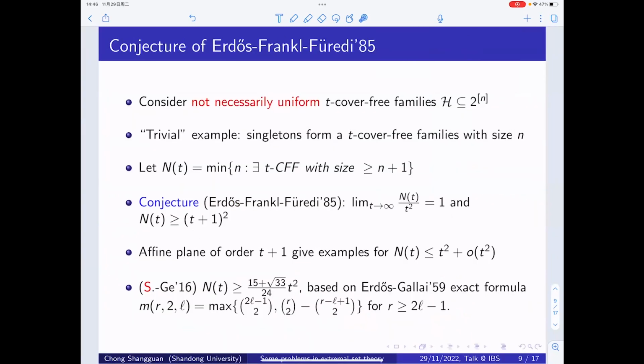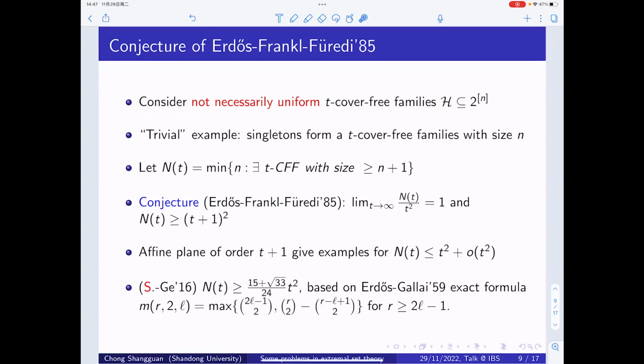Although Frankl and Füredi have already determined the maximum size of cover-free r-graphs, up to a lower order term, there is still an interesting open problem. For example, let us consider not necessarily uniform T cover-free families. This means that the edges in H do not necessarily have uniformity r.